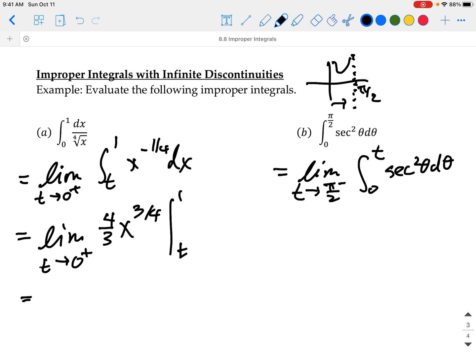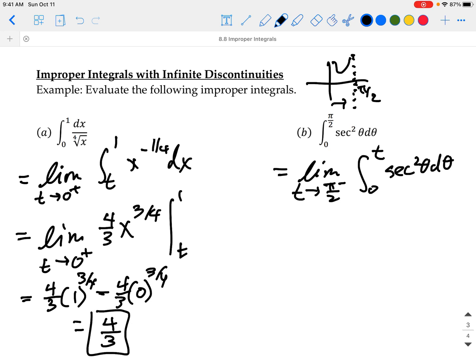So what we're going to get then is 4/3 times 1 minus 4/3 times 0 to the 3/4. So we end up with 4/3.